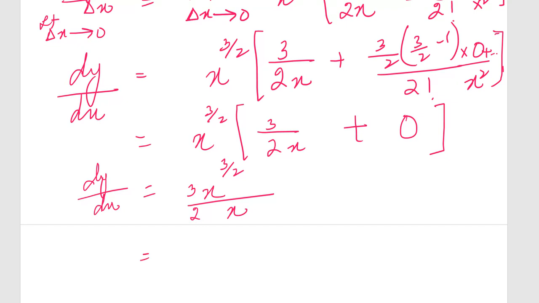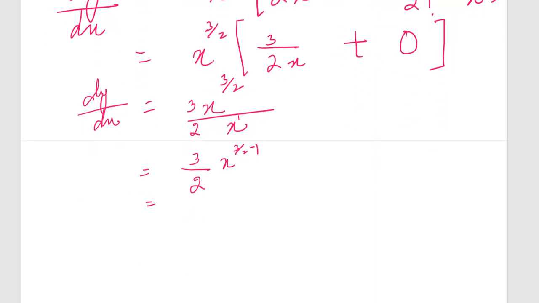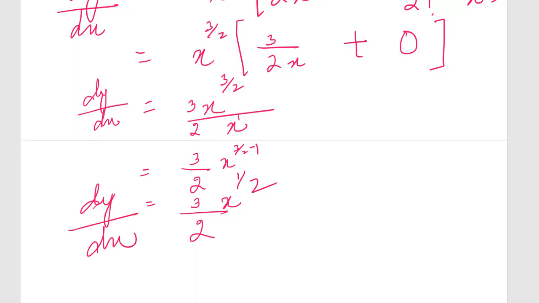Here see, we have same bases, 3 over 2, so it will be 3 over 2 minus 1, because here there is no power, it means 1, and when it will go to the numerator the sign will change, it will be negative 1. So it will be equal to 3 over 2 x power 1 over 2. So dy by dx of our function is 3 over 2 multiplied by x raised to power 1 over 2, and this is the answer of our function.